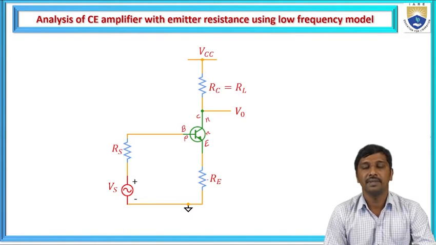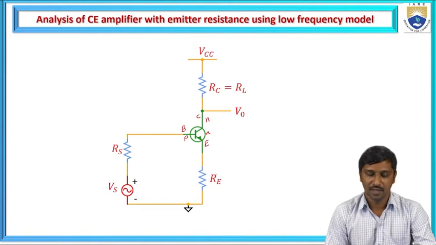So if the DC biasing is stabilized, then automatically the Q point is also stabilized. If the Q point is stabilized, and that should be located in an active region, and we can use that configuration for amplification process.